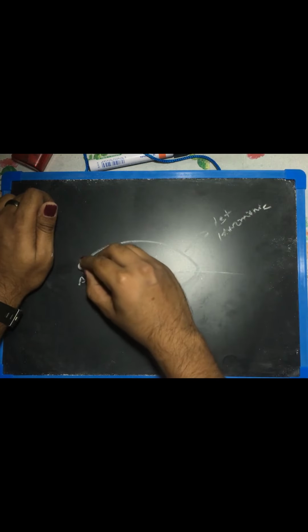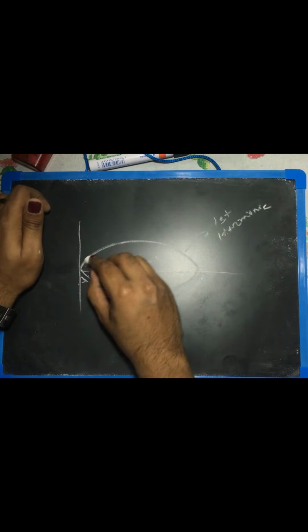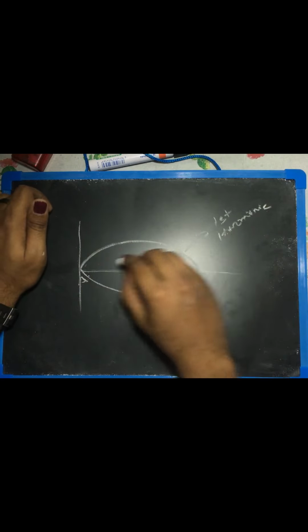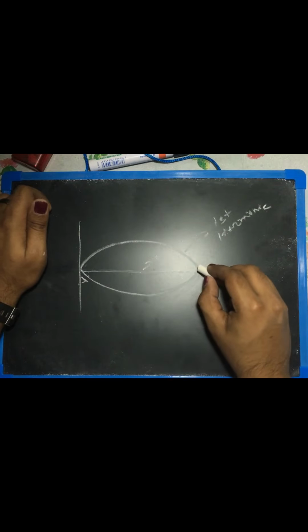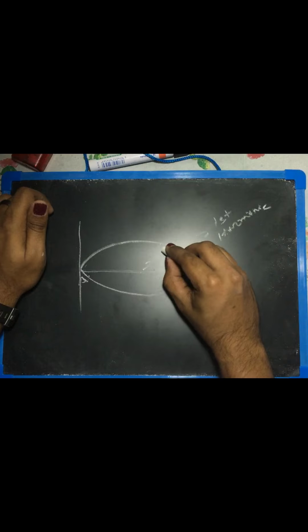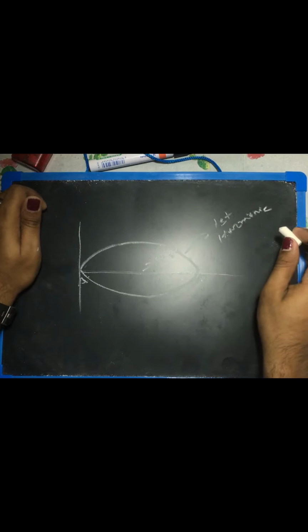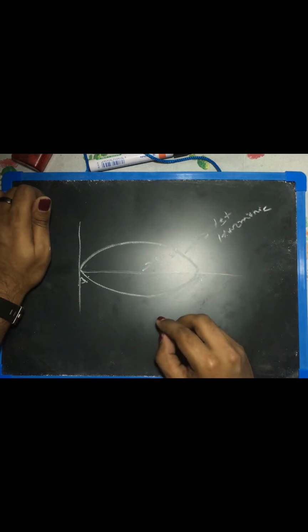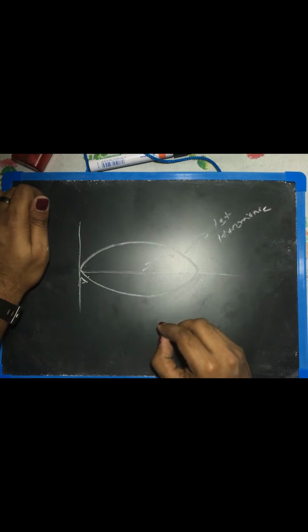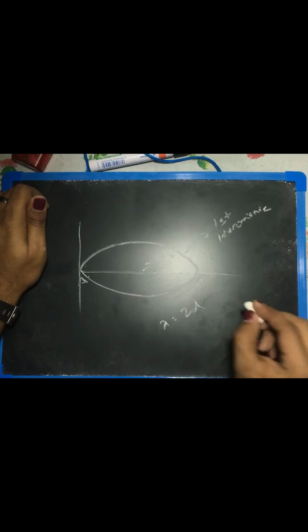If you plot a graph, this is basically a 180-degree of the wave, right? So this is half of the wavelength. So L is basically half lambda, right? You guys got it, right? So here wavelength is basically 2L.